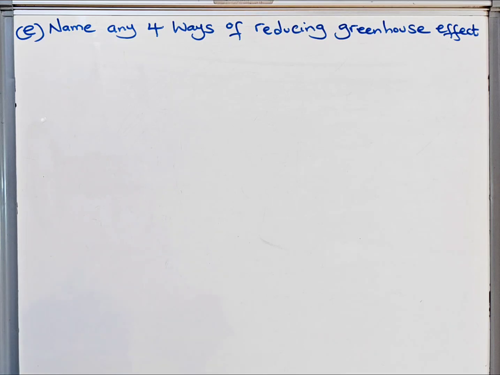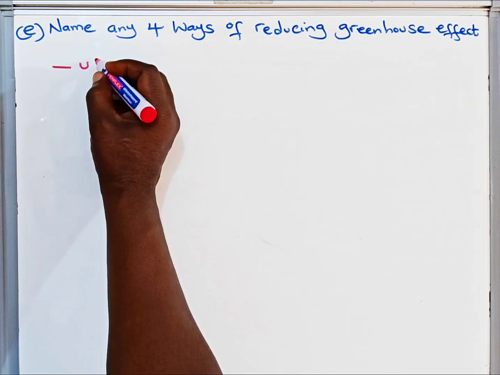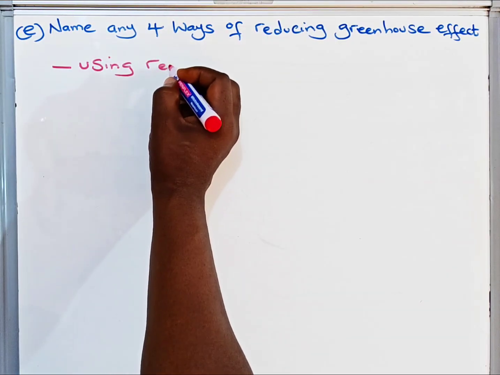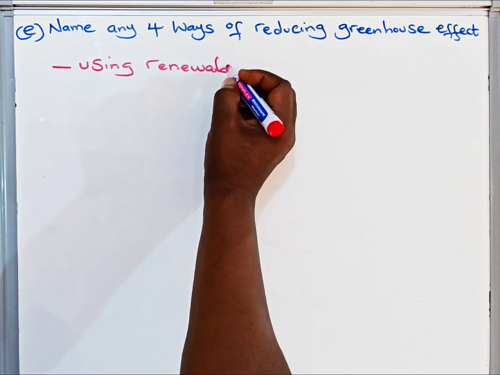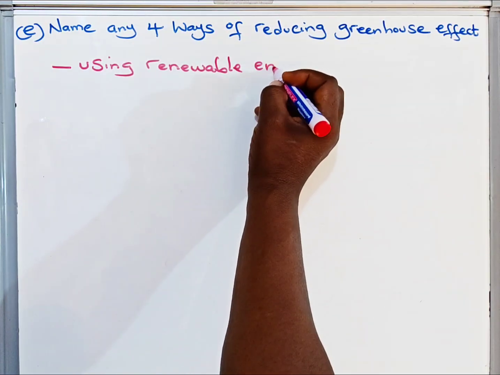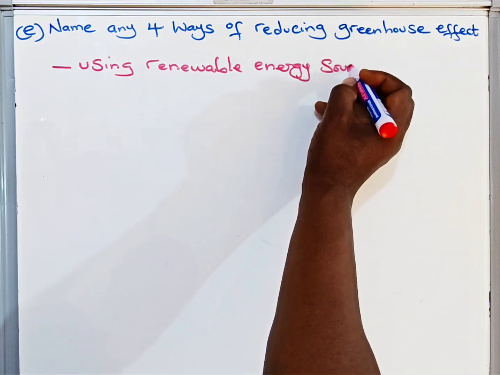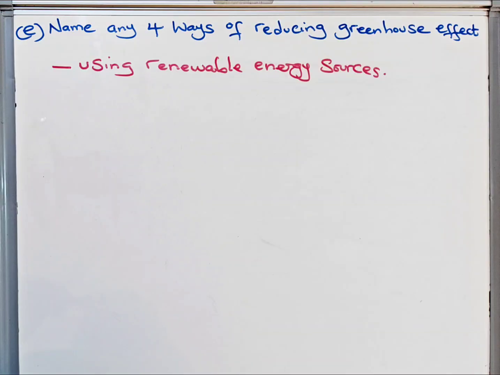The first one is using renewable energy sources. These are sources which can be replenished. They are not exhaustible.